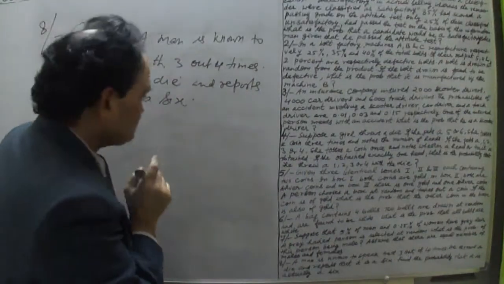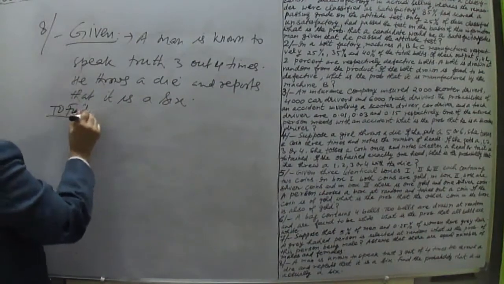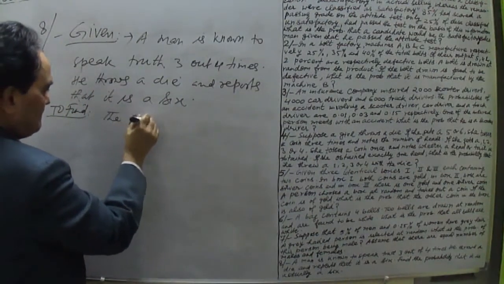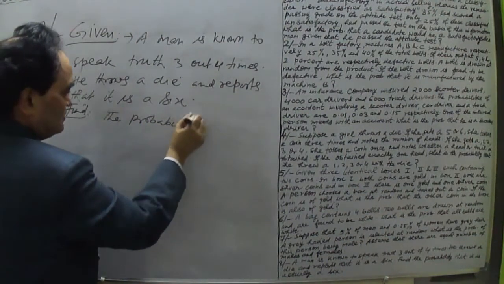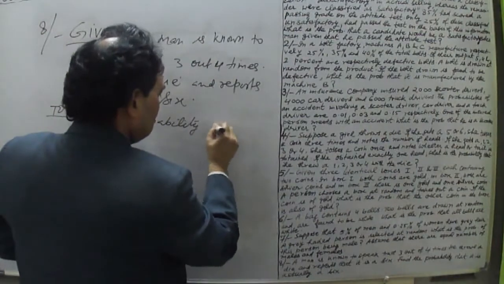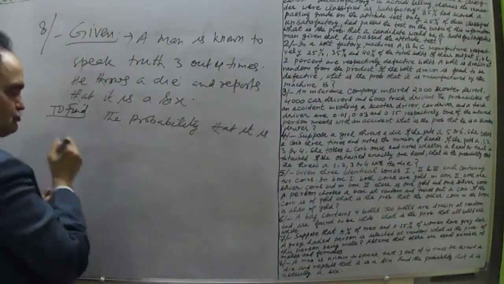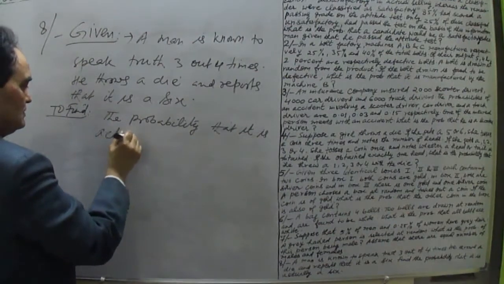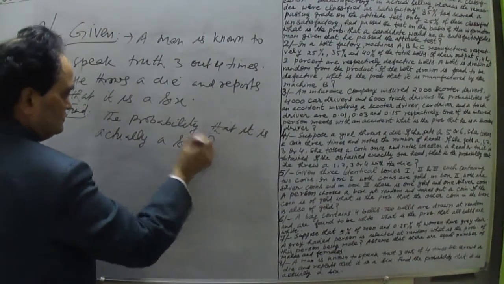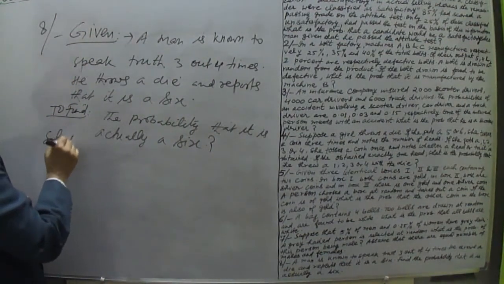He reports that it is 6, and to find here the probability that it is actually a 6. It is actually a 6. That means truth is being spoken. This is the solution. Let me find out.